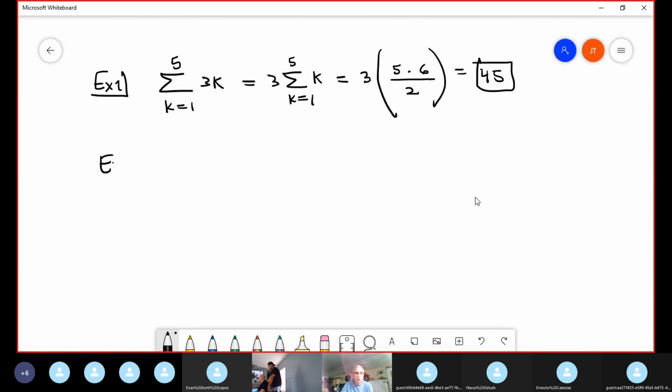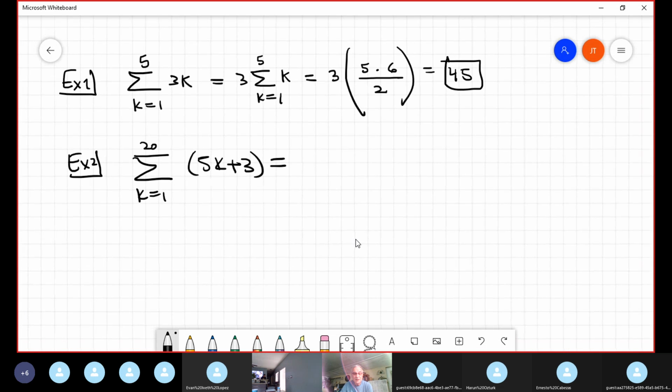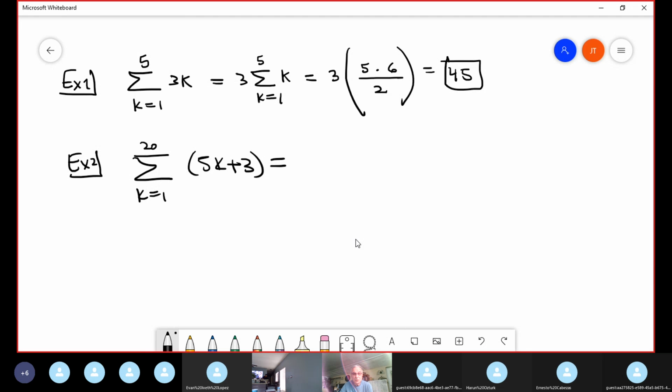Example 2. I have the summation from k equal 1 to 20 of 5k plus 3. No problem. I separate it into two summations. One summation contains 5k, and another summation contains just 3.